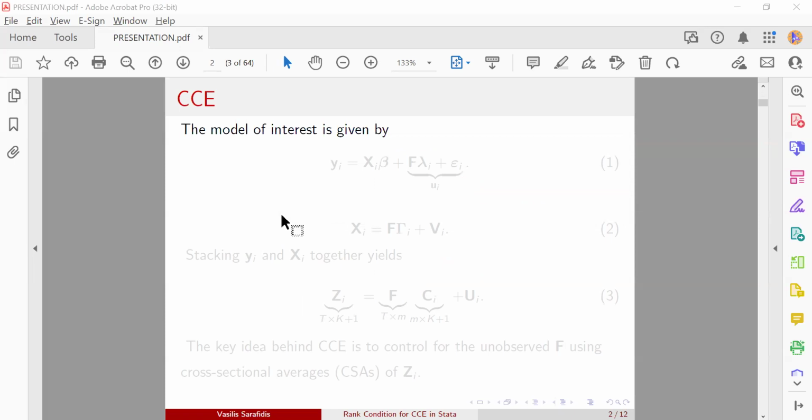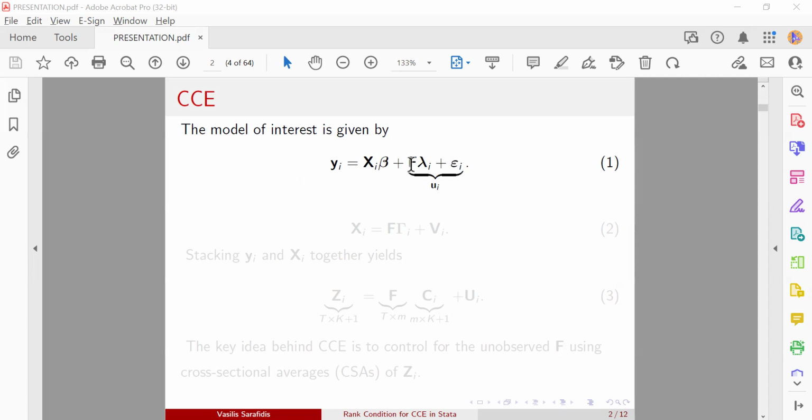So the model of interest is given by equation 1. Y_i is a vector of order T, which collects all observations on the dependent variable over time for individual i. And on the right-hand side, X_i is a T by K matrix of covariates, while u is a composite error term, which consists of a latent common factor component and a purely idiosyncratic error term, epsilon.